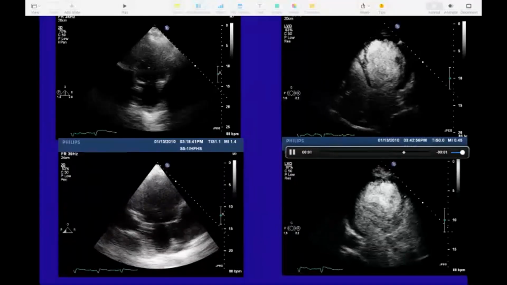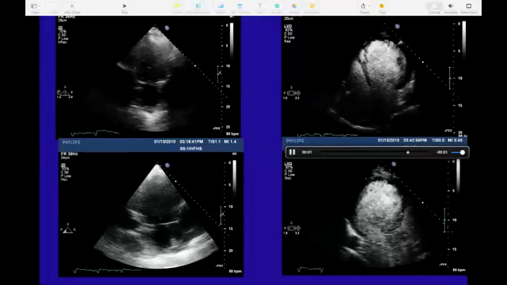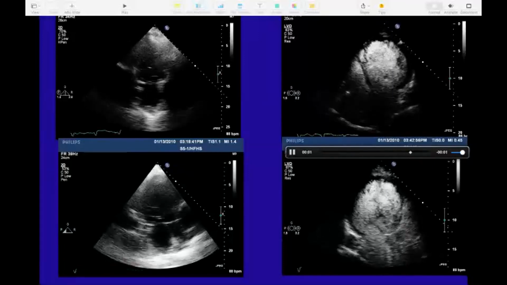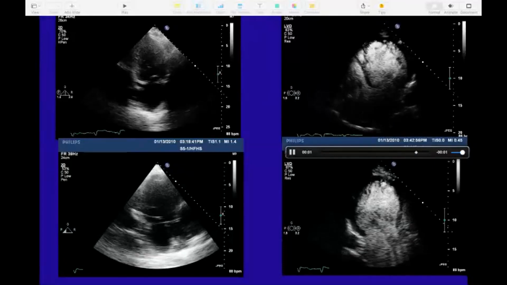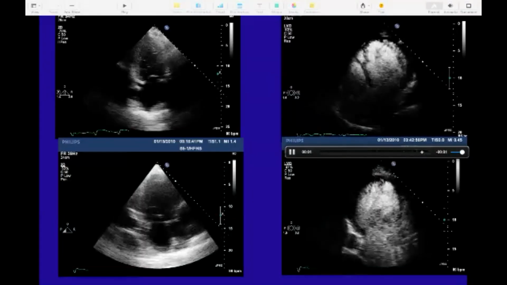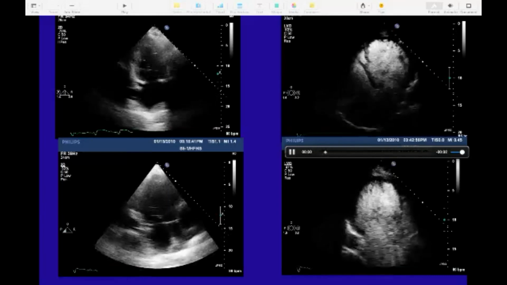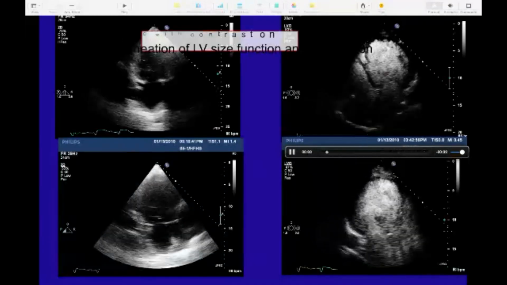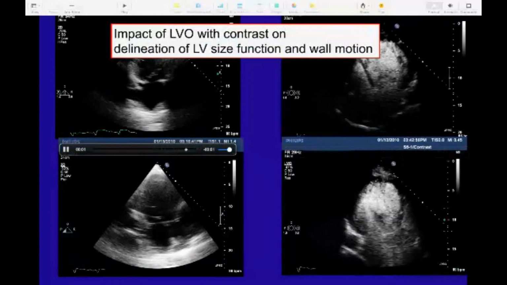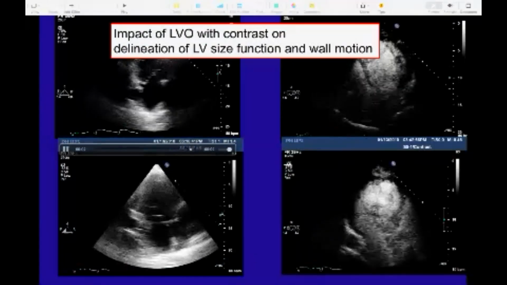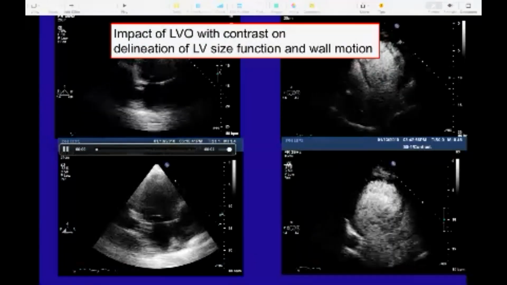There is no clear intracavitary mass, but definitely there is slow flow with stasis and swirling. And you can also see that the right ventricle gets better defined, even though we will need to do RV focused views to bring in the right ventricle much better. So the impact on this case is left ventricular opacification with contrast to delineate left ventricular size, function, and wall motion.